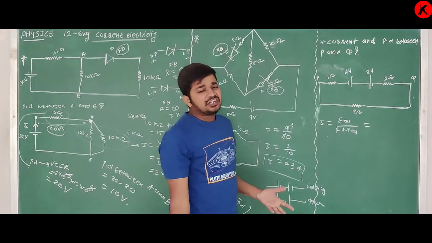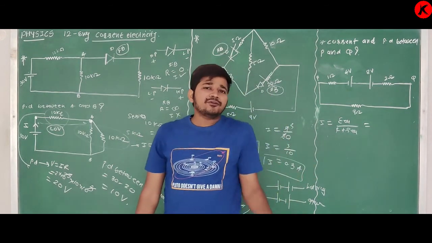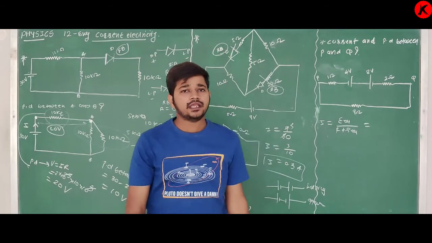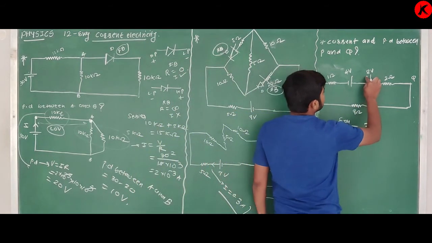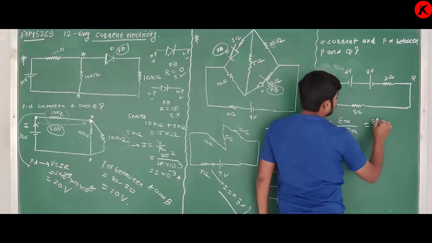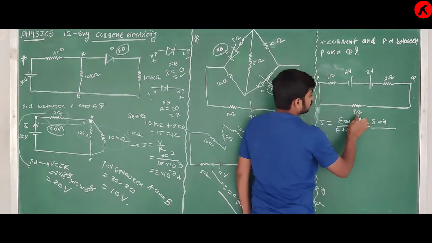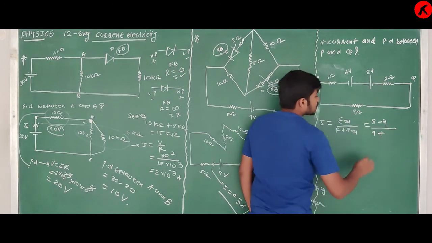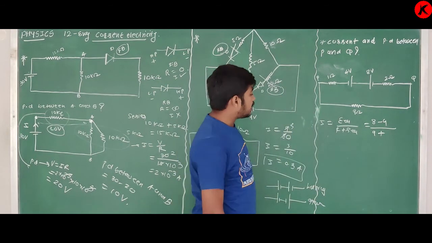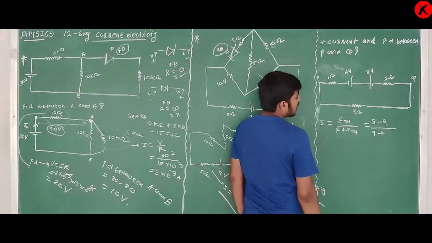And in opposing condition, if you take one EMF positive, then the other you have to take negative. For example, if I take this 8 volt positive, then this 4 volt as negative. 8 minus 4. R means this external resistance 9. Resistance is always positive, so R equivalent means R1 plus R2.